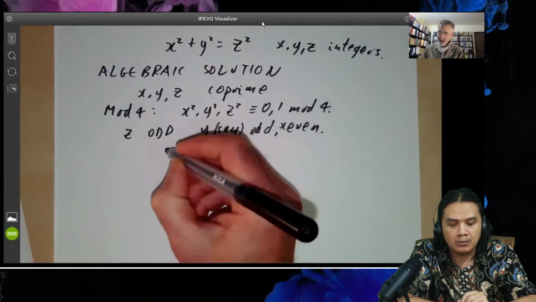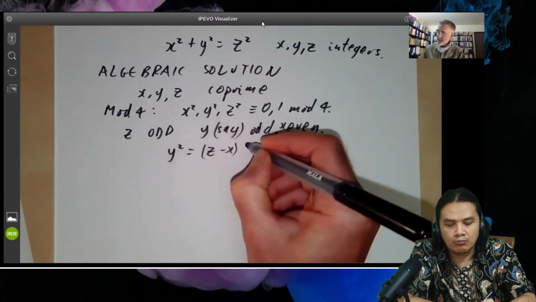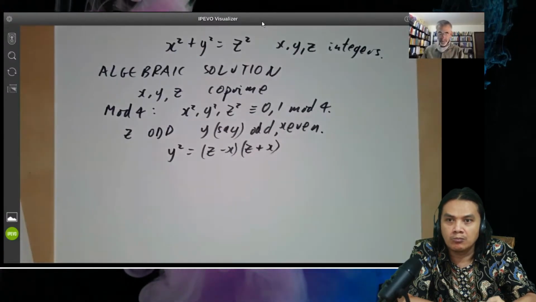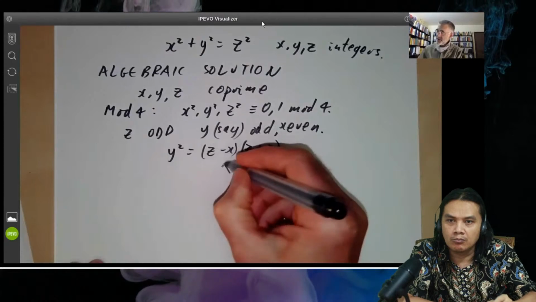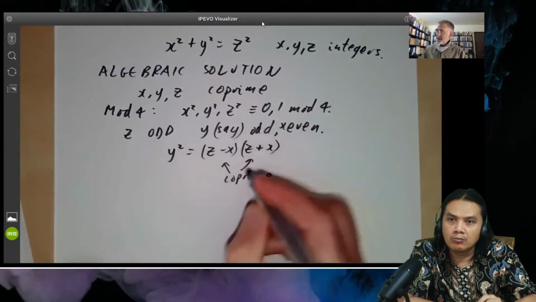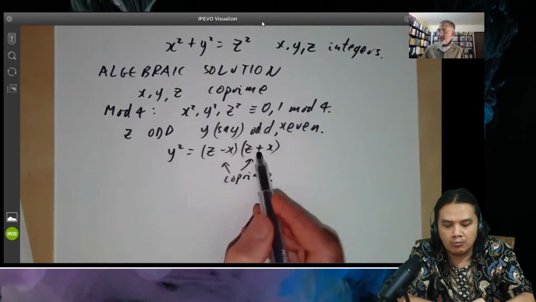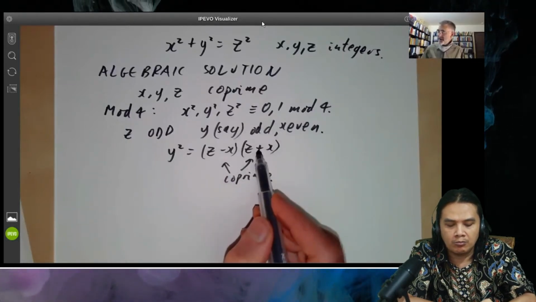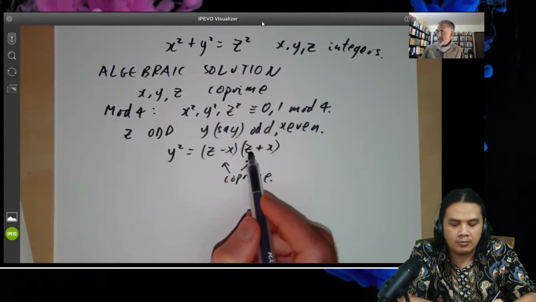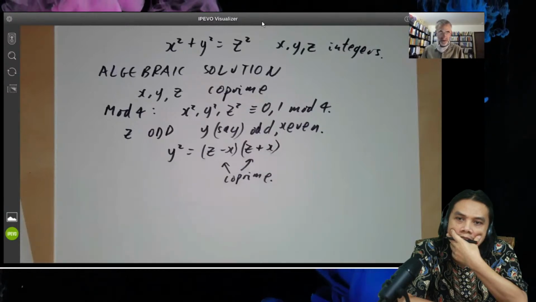Then we can rearrange the equation as y squared equals (z minus x) times (z plus x). And we notice that these two numbers are co-prime. Since x and z are co-prime, the only possible common factor of these two numbers would be 2, but since z is odd and x is even, they can't have a common factor of 2, so they're co-prime.